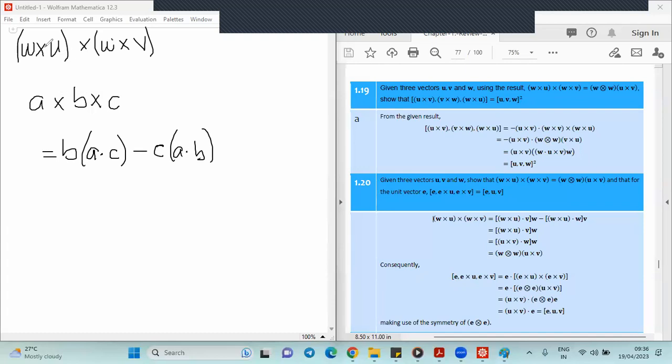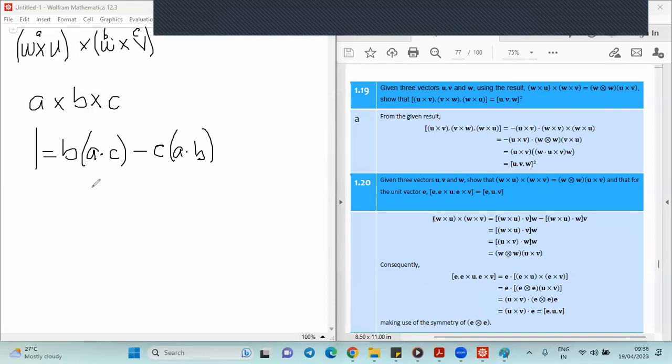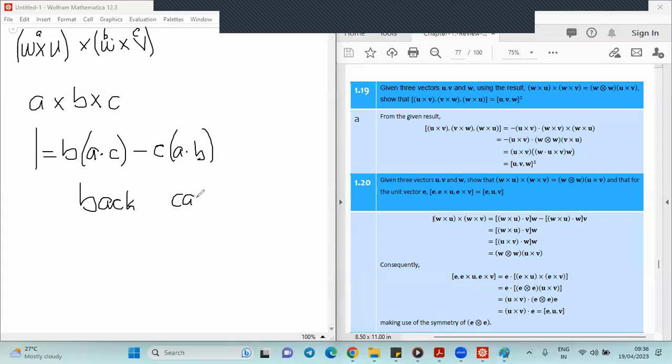Let me just be sure. This is A, this is B, and this is C. Yeah. There are other variants to this, but they all arrive at the same answer. So this is just one of them, and it's a correct one. I remember this because you can use the acronym BAC-CAB to remember it. So when you have A cross B cross C, it is BAC minus CAB. That's how I always remember it.